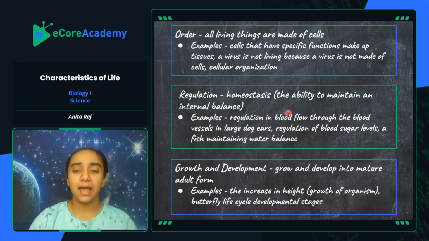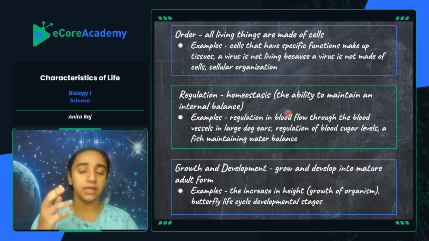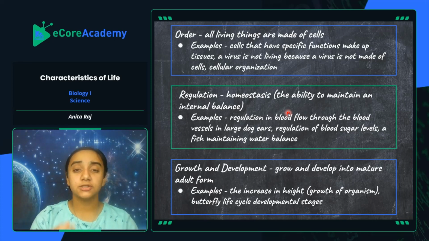So what happens is, to maintain water balance, a fish will use its gills. It will get rid of the nitrogenous waste, so any waste that has nitrogen in it, it'll actually secrete it as ammonia and get rid of it through its gills. So ammonia is a polyatomic ion. If you don't know what that is, don't worry. That'll be covered in chemistry.